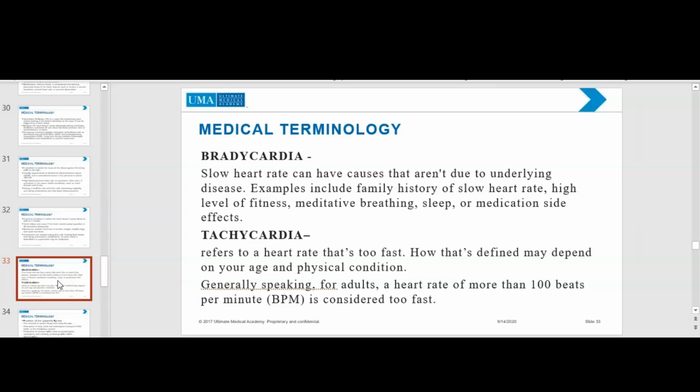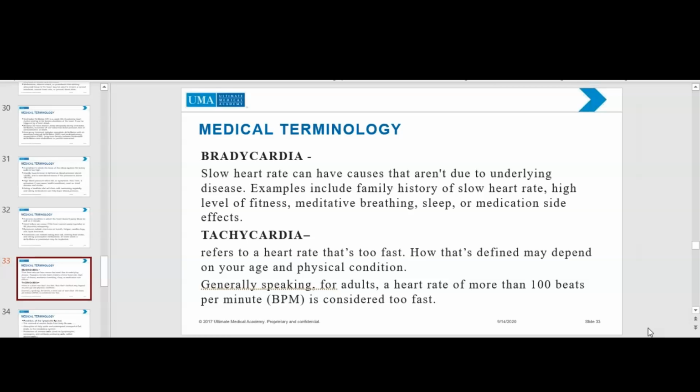All right, let's talk about bradycardia and tachycardia. Bradycardia is a slow heart rate, and it has causes that aren't due to underlying diseases. Examples include family history of slow heart rate, high level of fitness, meditative breathing, sleep, or medication side effects.